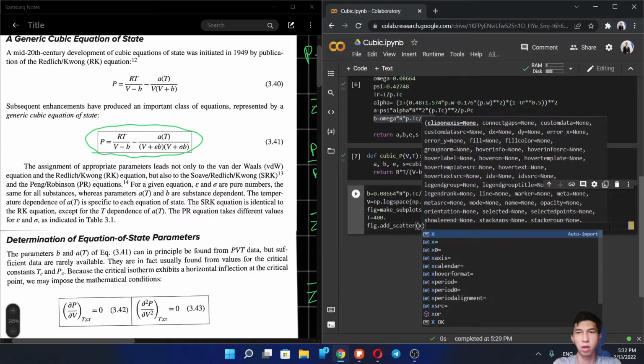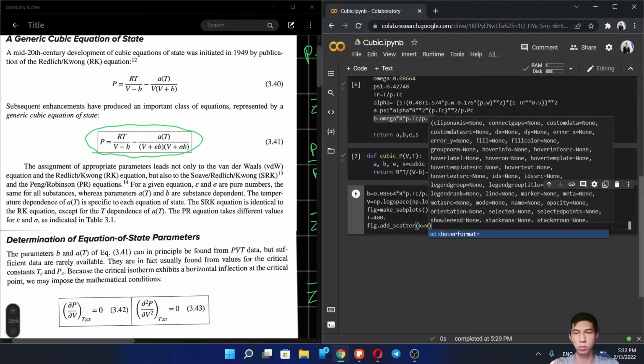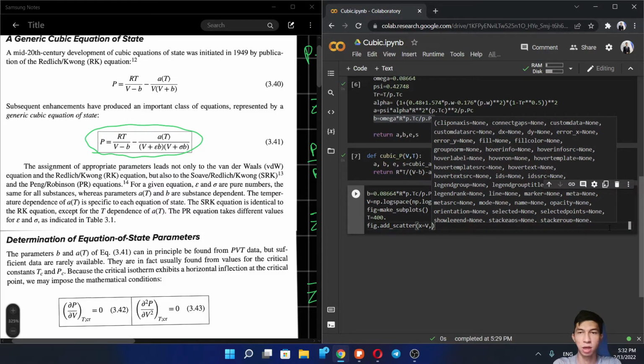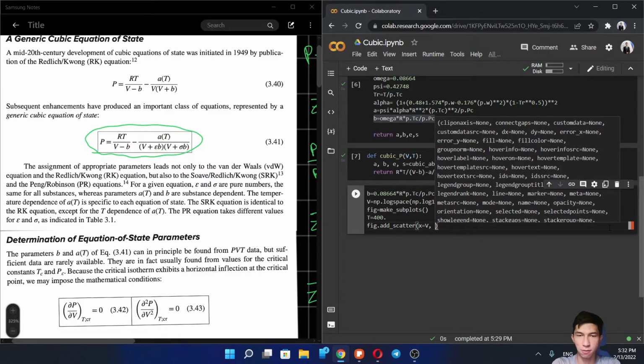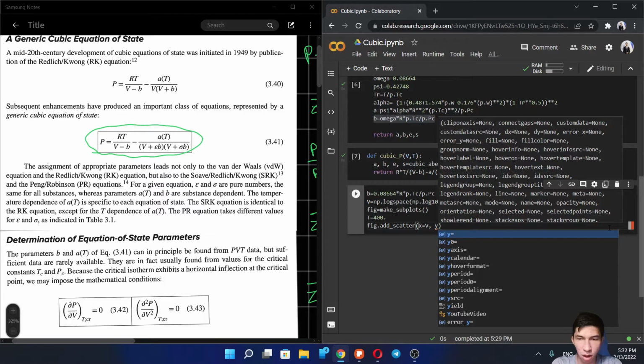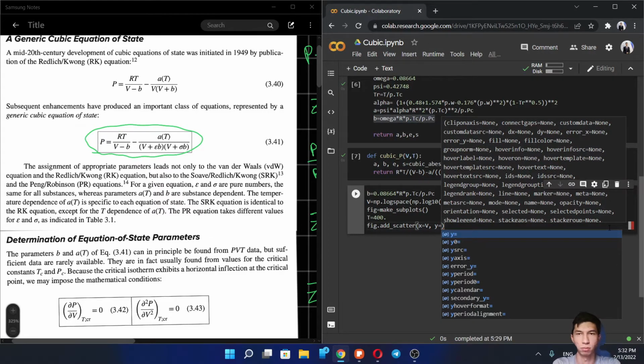So for our x value, we're going to have our volumes, and for our y value, we're going to have our pressure values. So here we define our cubic pressure.